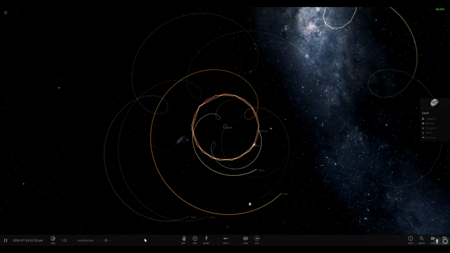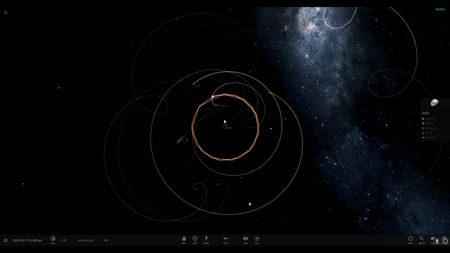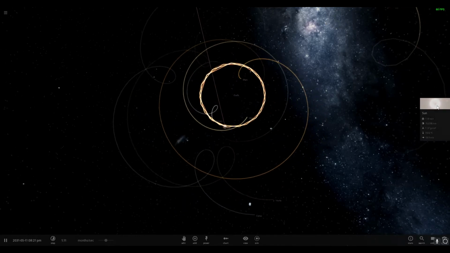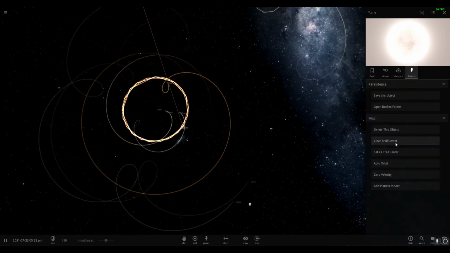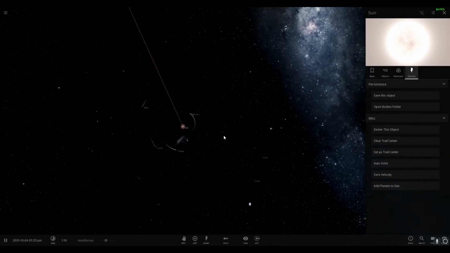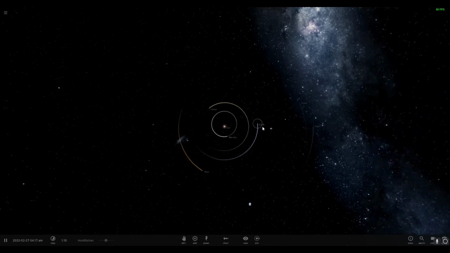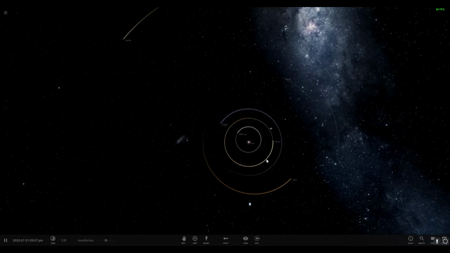Now, of course, this isn't what's actually happening. This is just the illusion that the Earth is at the center. So if we focus our attention back on the sun and make it the set trail center, you could see that it's all just normal. But from the perspective of the Earth, it looked as if they had retrograde motion, which is very interesting.